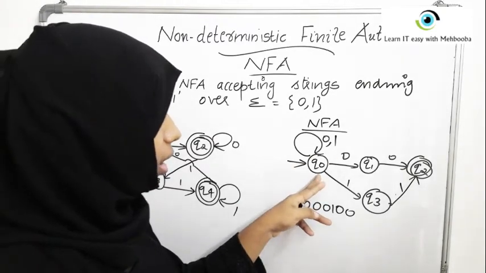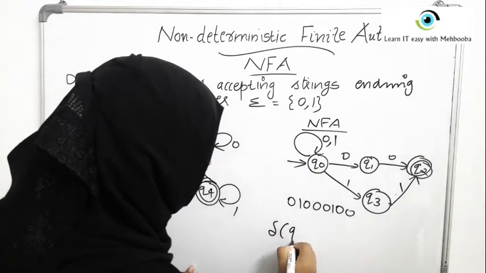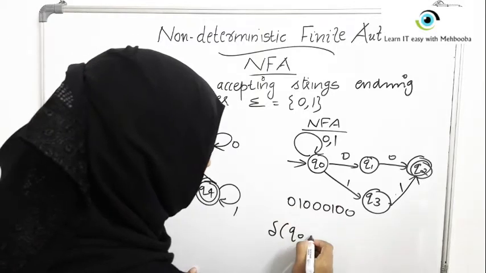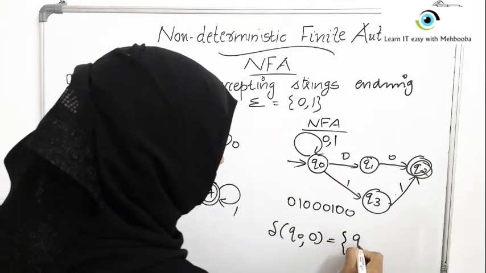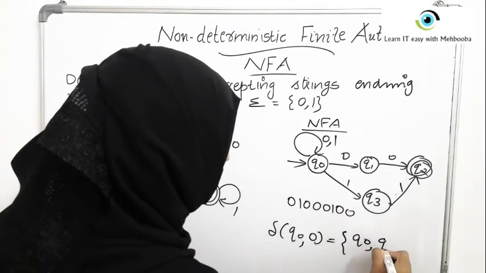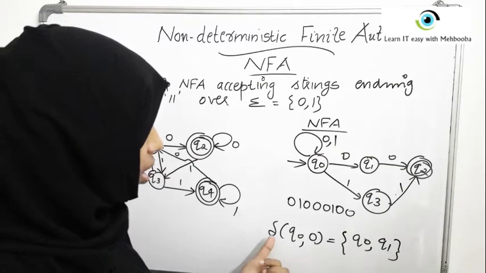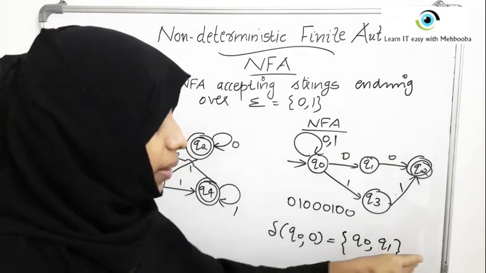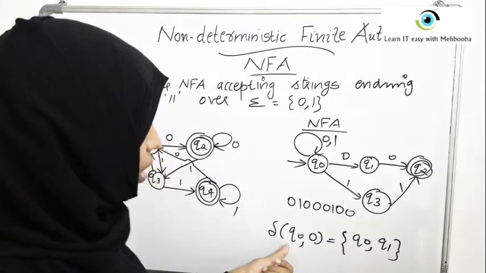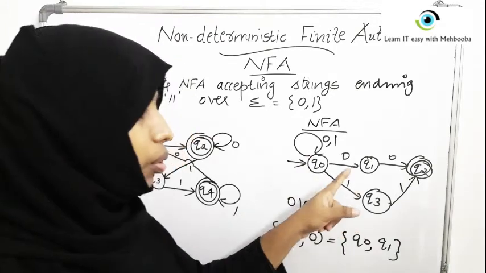And again, at Q0, when 0 comes, you are at Q0 or you can go to Q1. This is what I told in the introduction. That is, in case of an NFA, for the delta function, there can be multiple states as output. For example, at Q0, when 0 comes, you can either stay at Q0 or you can go to Q1.